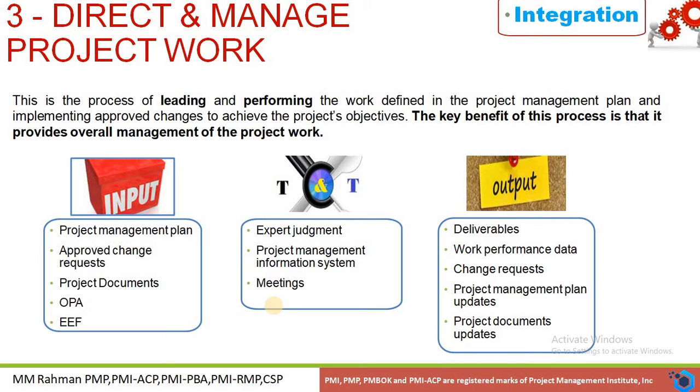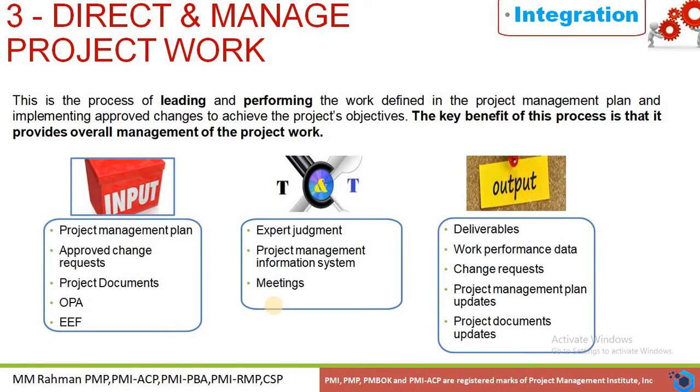So basically, through this process, the project team performs the project activities and the project manager leads the project team to achieve the project objectives and goals. All the project team implements the approved changes through this process. So this is the process which is used for leading and performing the project activities.